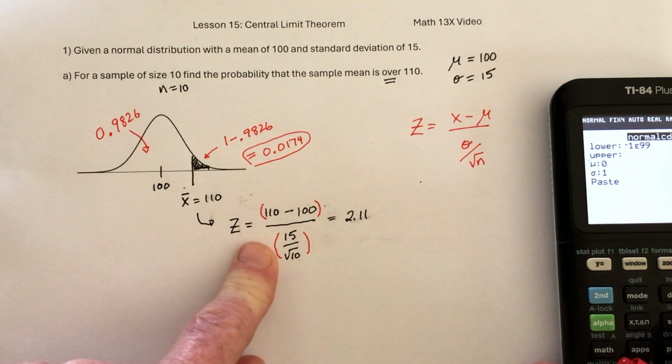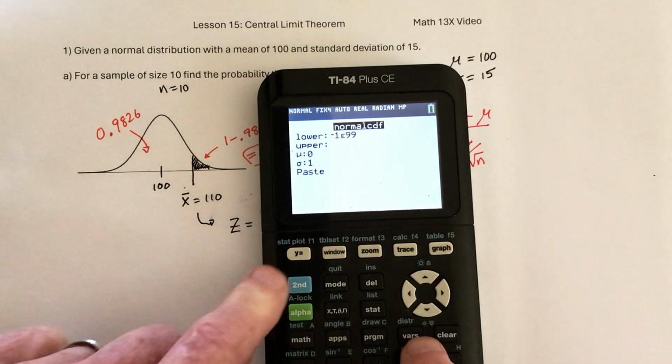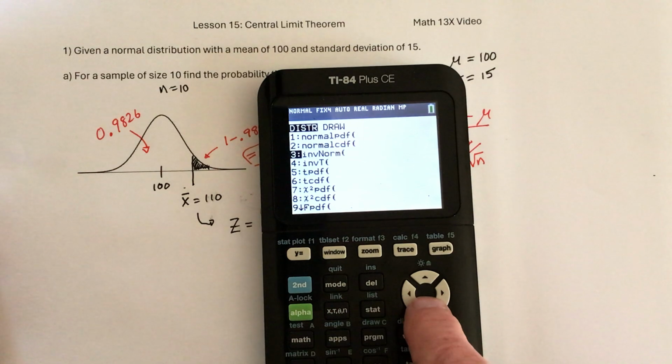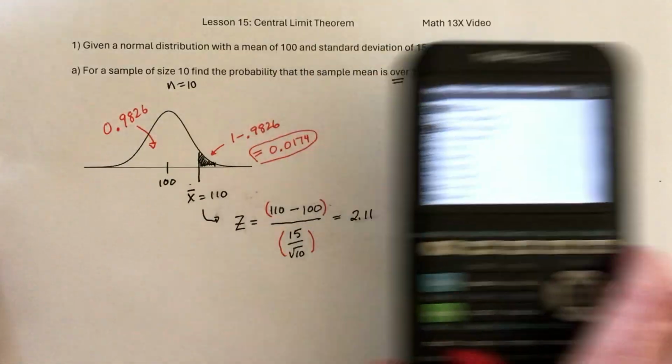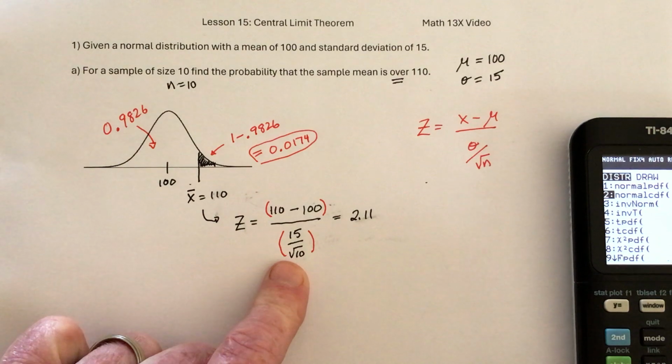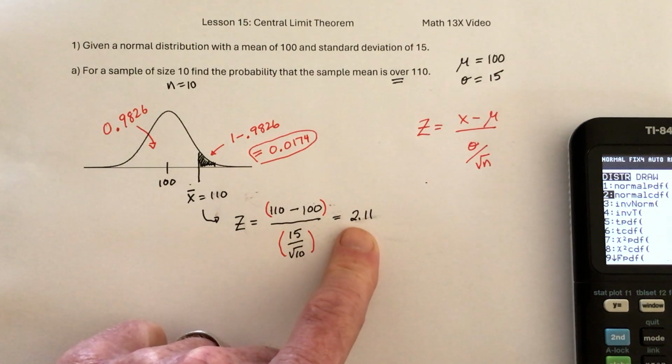So we need to actually do this ourselves. You know what? Let me just look and see, is there anywhere that says the central limit theorem or anything like that? No, nothing like it. So unfortunately, this one is not in the calculator, so you do need to use this formula. Then you would get the z.